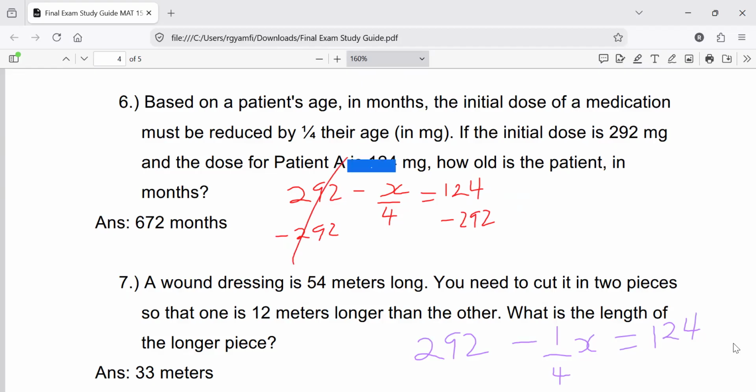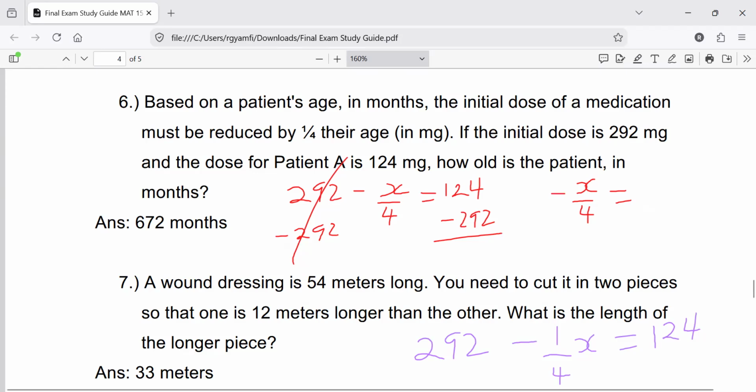So this will go to 0. So I have negative x over 4 equals 124 minus 292. That should give me negative 168.